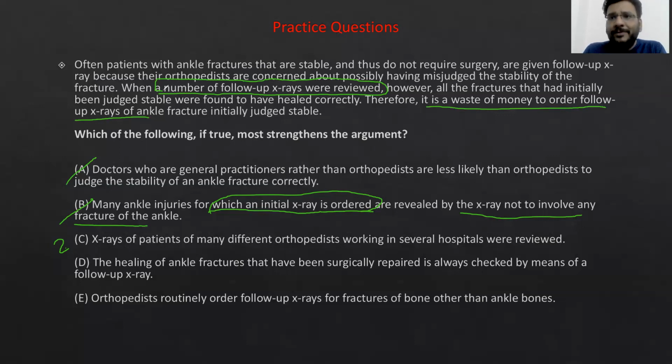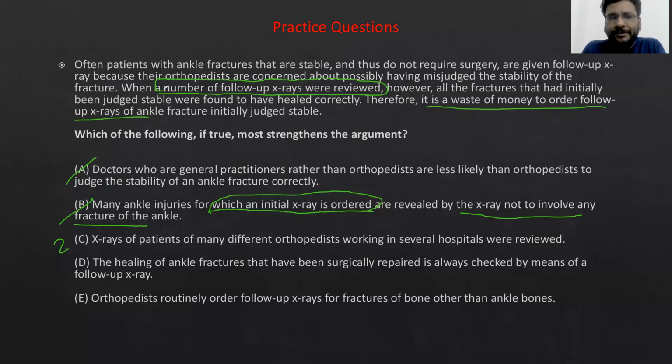Now, if the review is based on a particular doctor or a particular patient, coming to a conclusion that it's applicable for all, that would be a hasty generalization, right? That's a flaw in the argument.